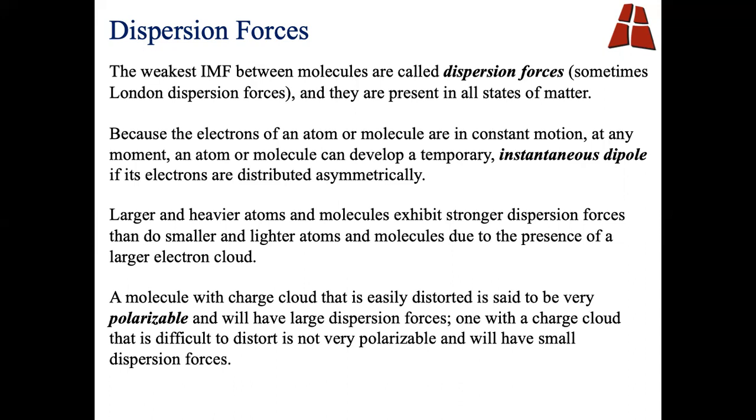A molecule with a charge cloud that is easily distorted, or an atom that is large, heavy, has a large electron cloud, is said to be easily polarizable, okay? And it would have larger dispersion forces than smaller atoms. Again, think of your nitrogens, your oxygens, your fluorines. Those are small. We would call them non-polarizable, meaning that they don't have dispersion forces, but tend to lean towards things like dipoles. Okay.